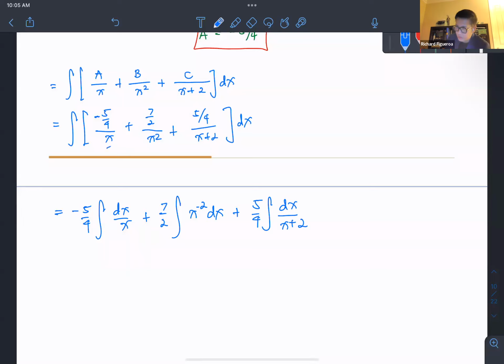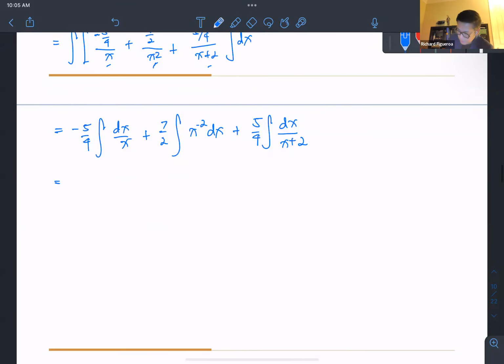This one is linear, so that's logarithm. But this is quadratic, so we can use the power rule. So we'll have negative 5/4, and this would be ln x, and plus 7/2 multiplied with x raised to negative 2 plus 1, it's negative 1 over negative 1. So plus 5/4 ln of x plus 2 plus c.